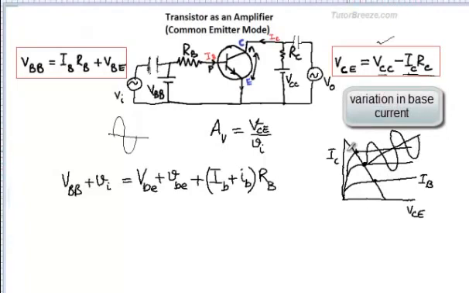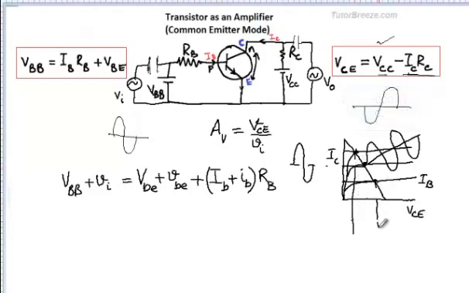Corresponding to this, we have a variation in the collector current, and you also have a variation in the collector emitter voltage. This is the value at the operating point, and the value varies about this.